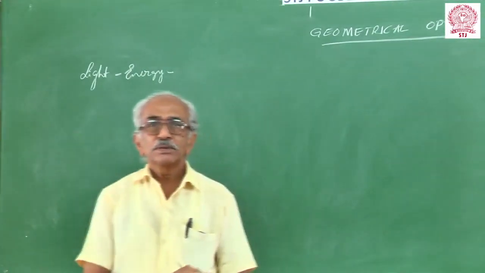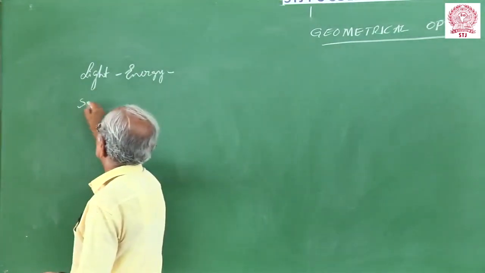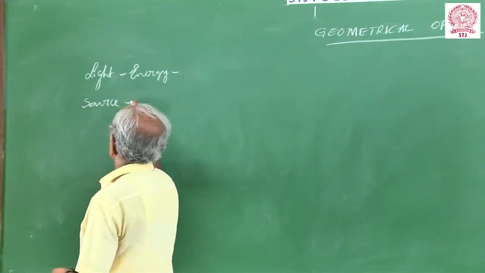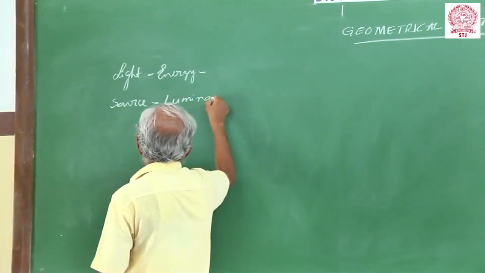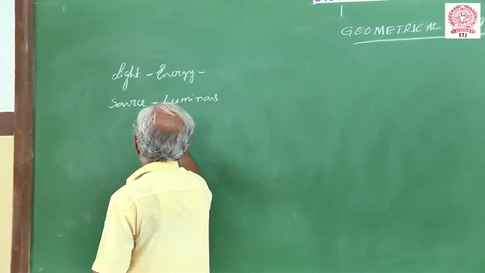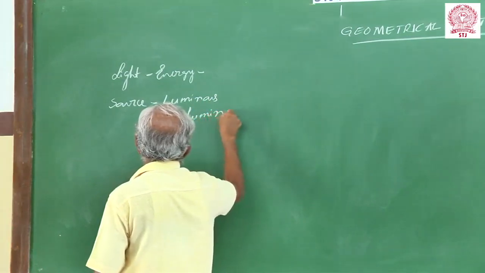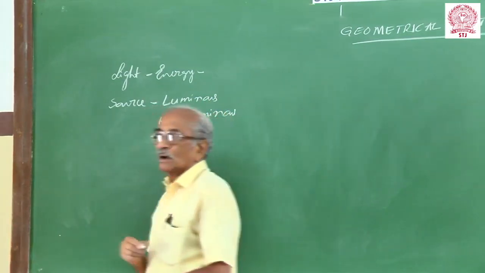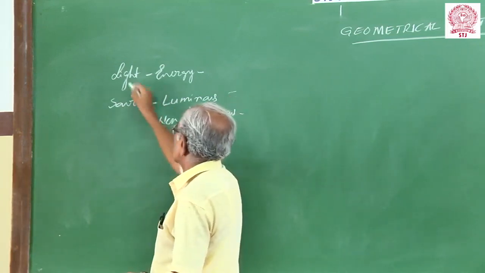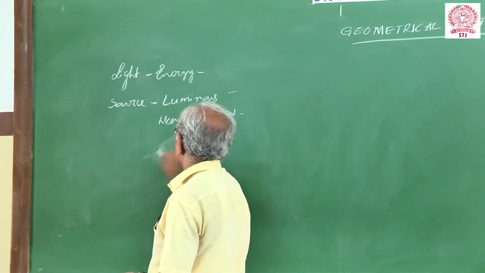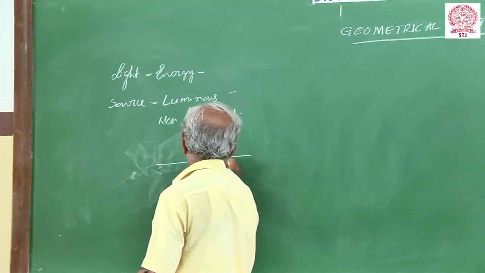And anything that we see around us is called a source, maybe luminous, non-luminous, and from a source, whether it is this or that, light energy is given out continuously in all directions, in the form of rays.